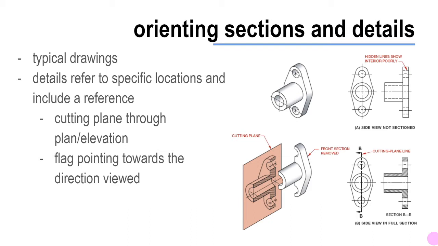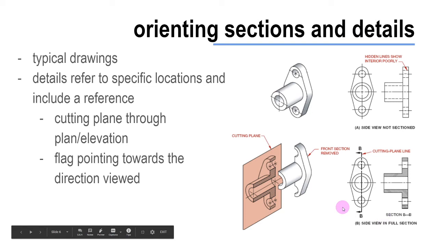You may also have detail of sections that will then refer to specific locations, and they would have that cutting plane and that reference. Building sections are also referring to specific locations, and so they have a cutting plane with a reference. And so here is just an example of a section view in a manufacturing plan where we have that cutting plane going through with our little view identifier saying which part it's facing towards.